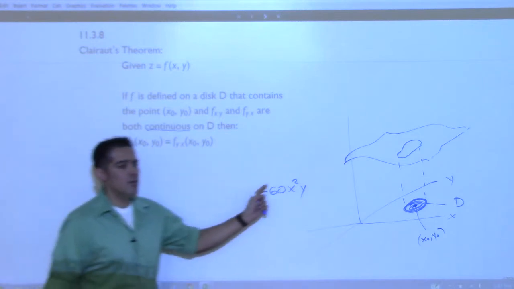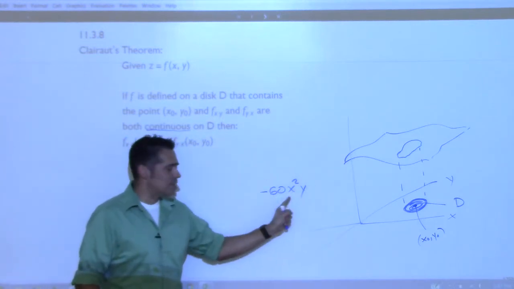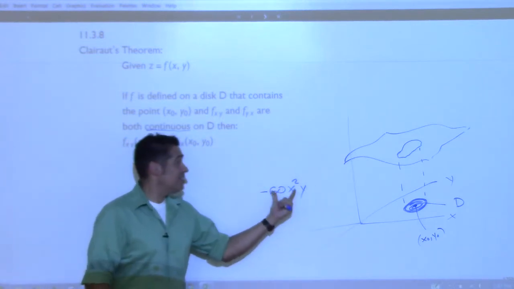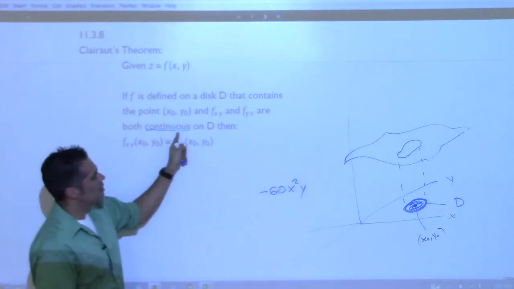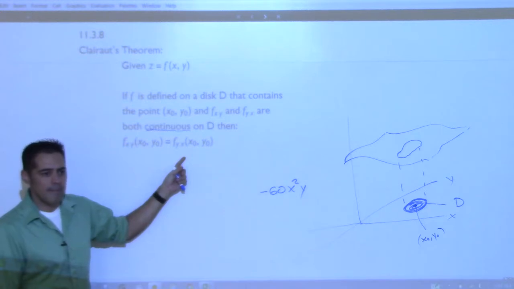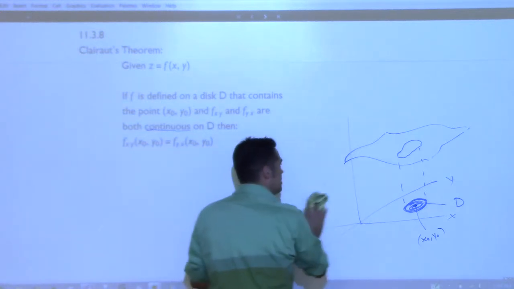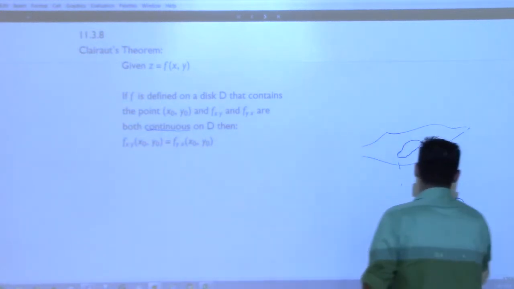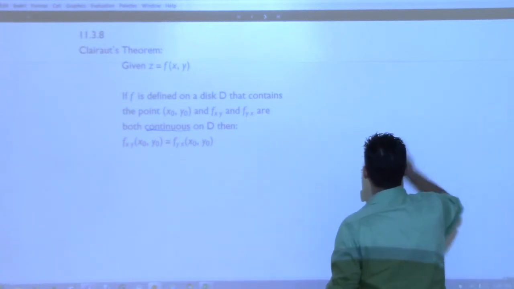And this is a polynomial in two variables. So this is continuous everywhere. And because it's continuous, we should expect that these two things would match. Won't always be the case, but if those are continuous, it will be the case.